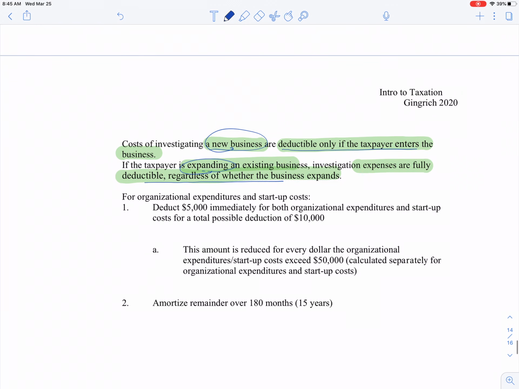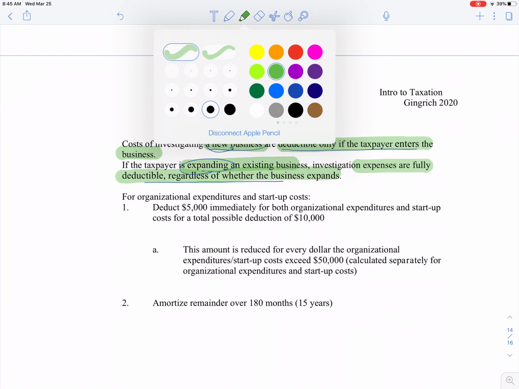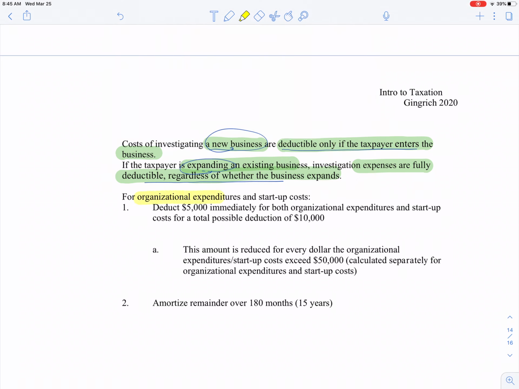All right, for organizational expenditures and startup costs, these are the rules. You can deduct up to $5,000 immediately for both organizational and startup costs, for a total possible deduction of $10,000. And that's $5,000 for the org and $5,000 for the startup.